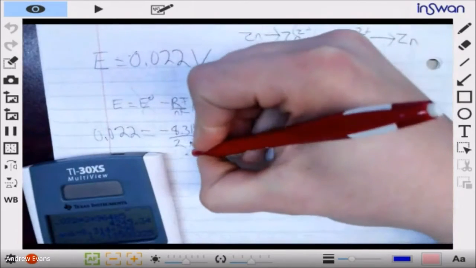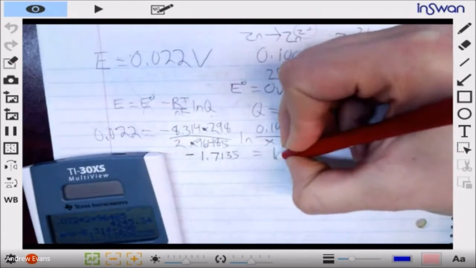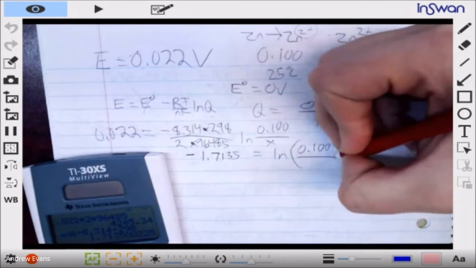So right now I've got negative 1.7135 equals ln 0.1 over x.